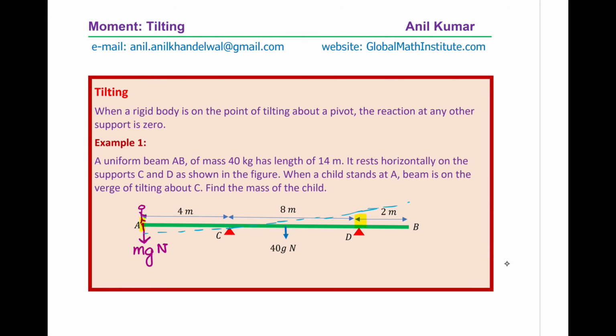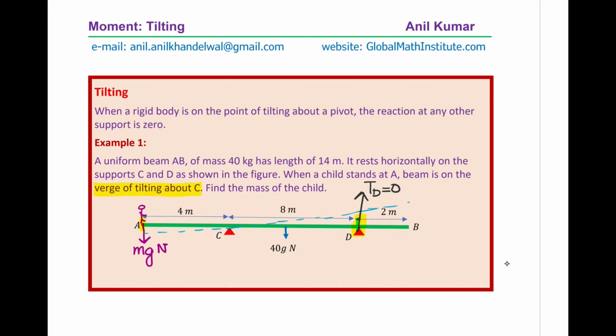Now when the child is at point A, it is on the verge of tilting. That means we are in a state which is just leaving this point. It is not tilted yet, however, it is just above it. So we'll say that the tension here, which was existing, TD, is now zero. You get the idea.